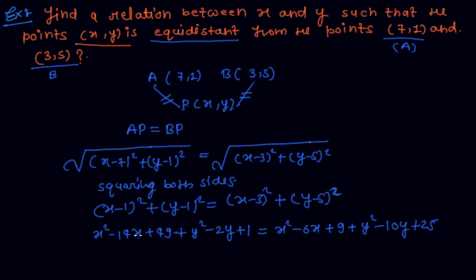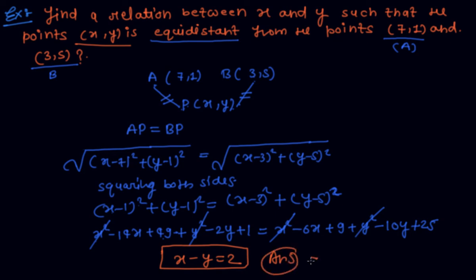So if you solve this, then x square cancel, y square cancel, arrange these two sides, so get x minus y equal to 2. So this is the relation between the unknown point coordinates x and y. So this is your required answer.